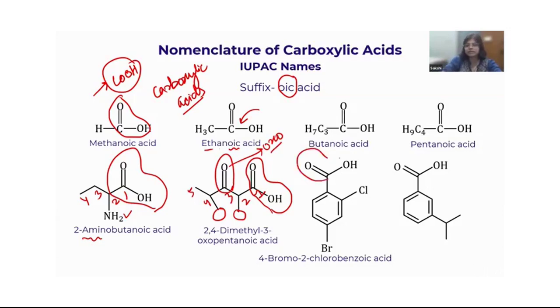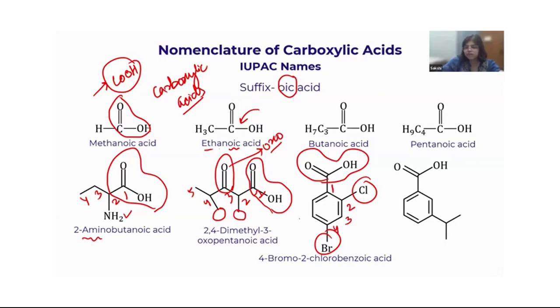Here this is COOH, the carboxylic group. We have Cl and Br. Here we always name according to alphabetical order, so we call it 4-bromo-2-chlorobenzoic acid. Numbering always starts from the functional group which is given the highest priority, so 1, 2, 3, 4.